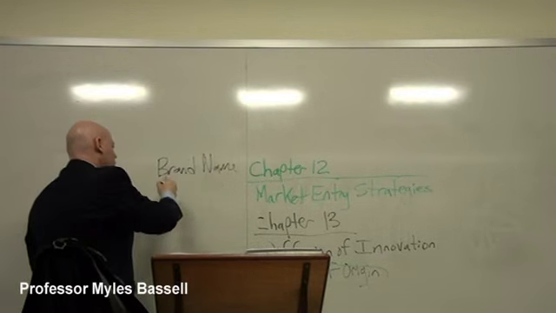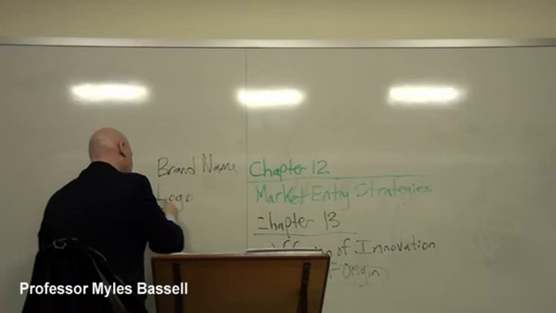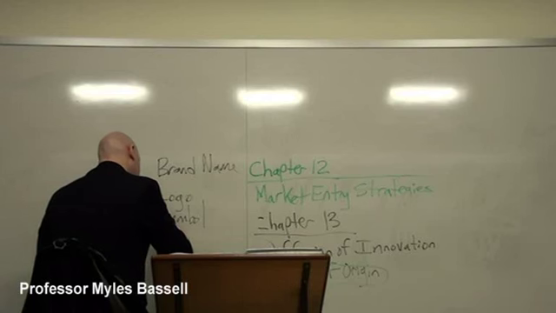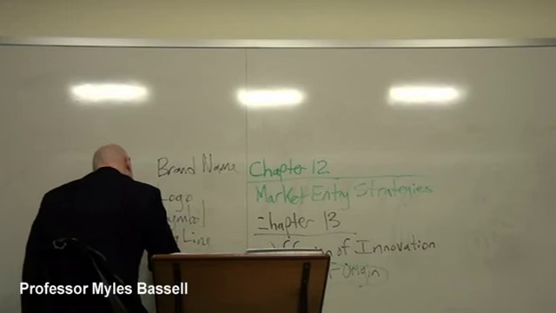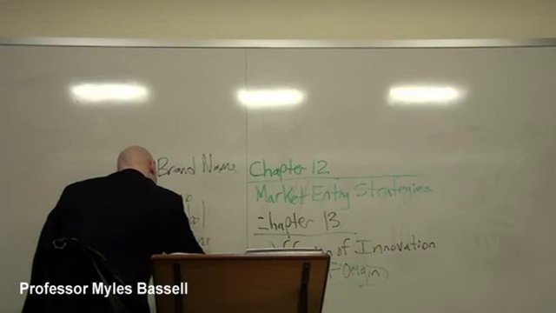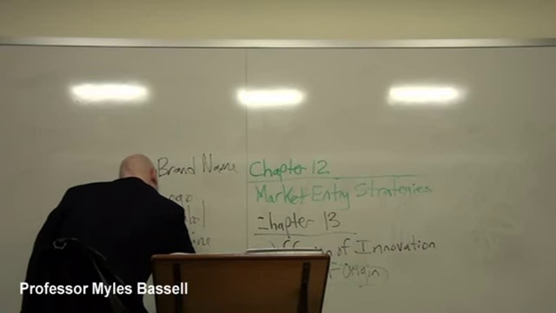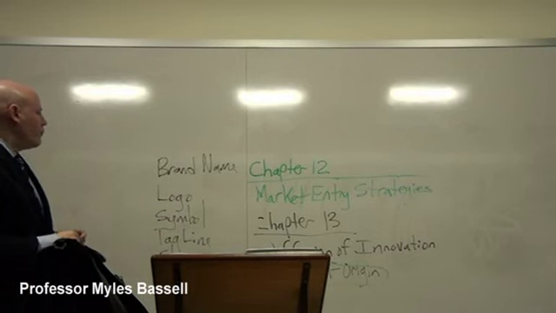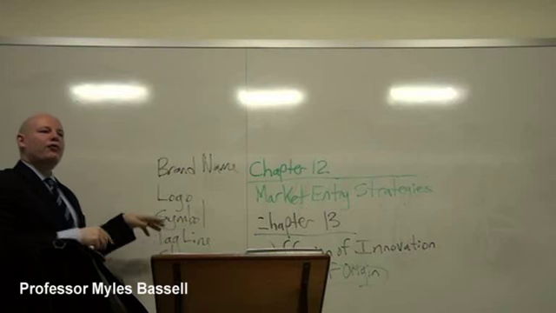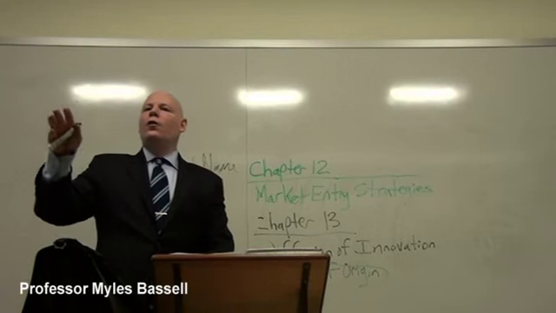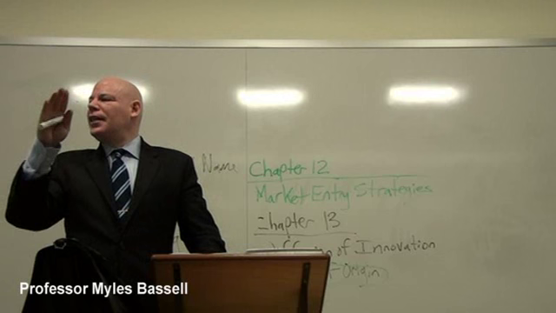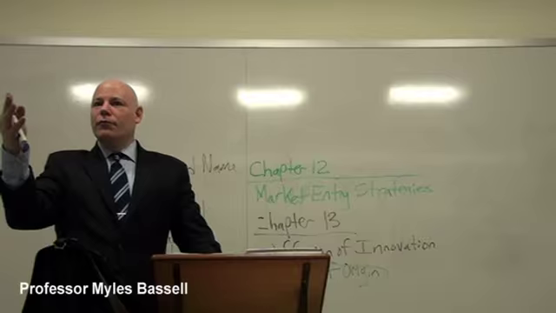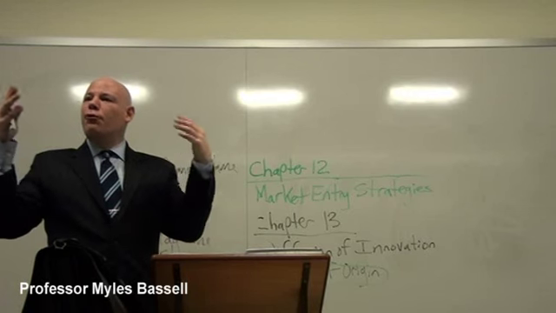You have the brand name. Once we develop the brand name, we create a logo. What is the logo? The logo is a visual representation, a graphic representation, that communicates the brand name.